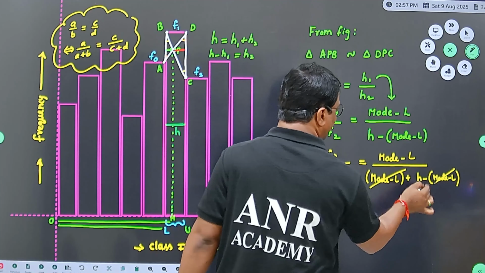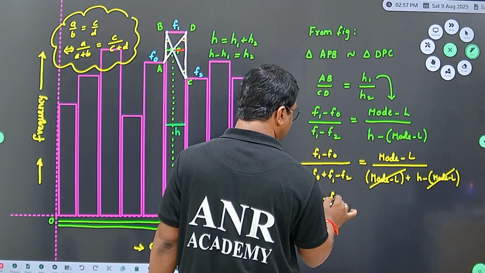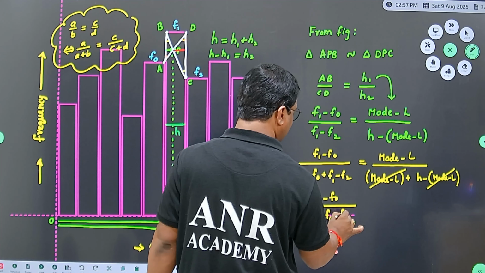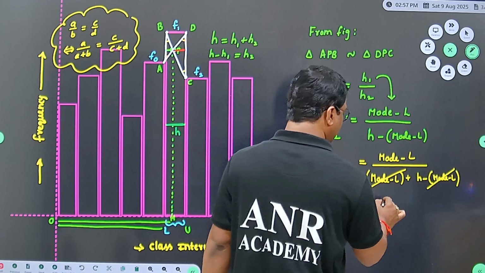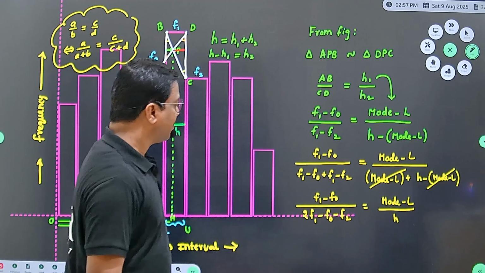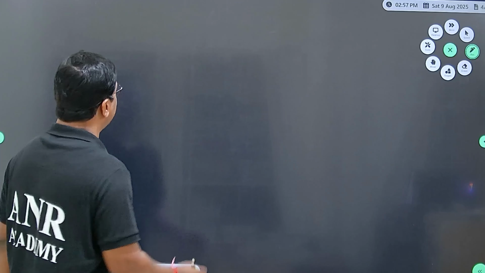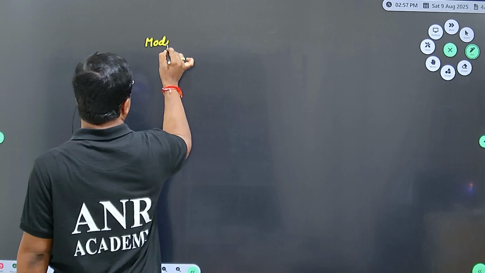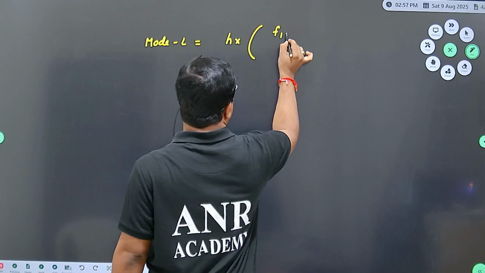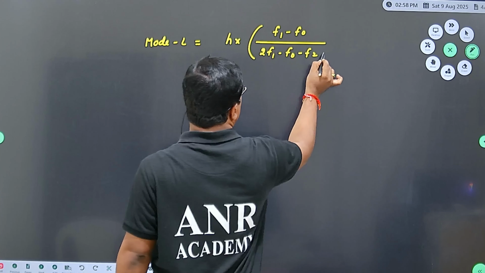Here mode minus L gets cancelled. This is F1 minus F0 whole divided by 2 times of F1 minus F0 minus F2, which can be written as mode minus L whole divided by H. In the next step, on cross multiplication, mode minus L can be written as H into F1 minus F0 divided by 2 times of F1 minus F0 minus F2.